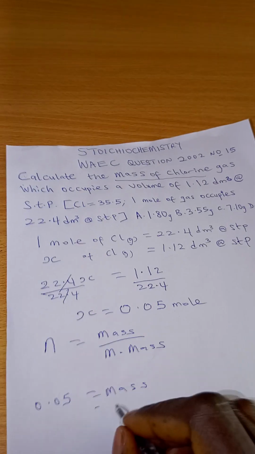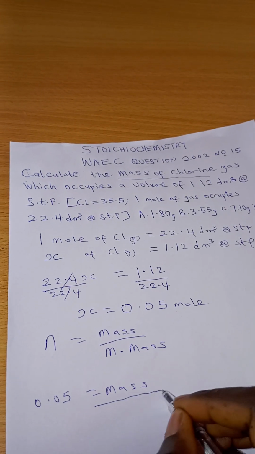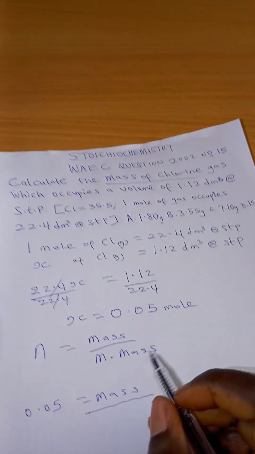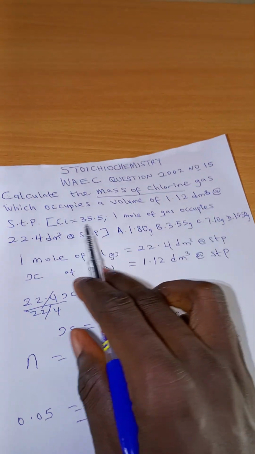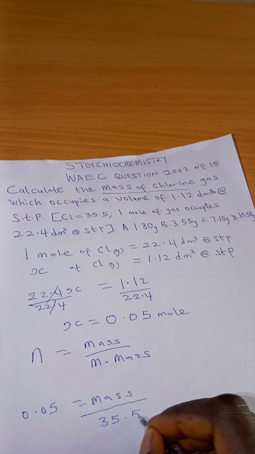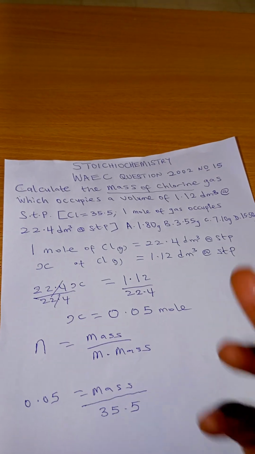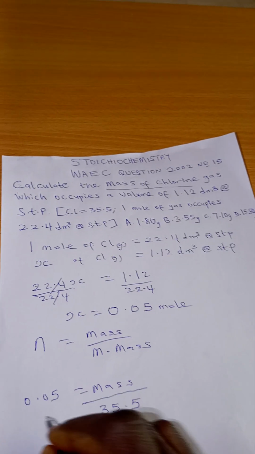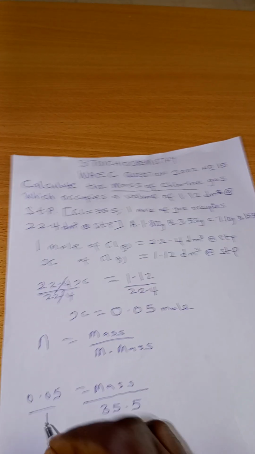The molar mass of chlorine in the question is given as 35.5, because we are actually looking for the mass of chlorine. So the same thing, we cross multiply.